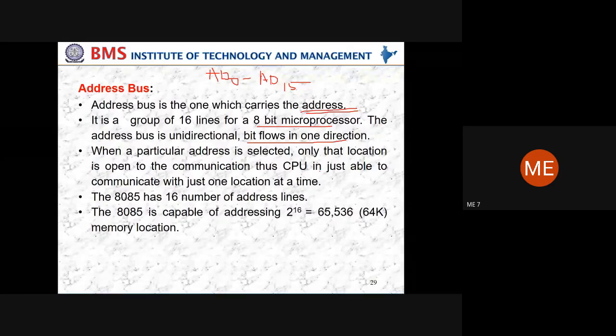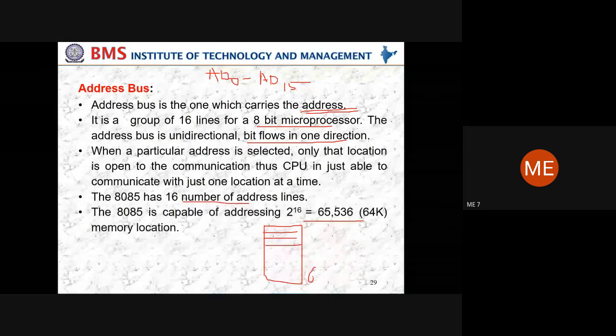Now if I come back to this: as I said, there are 16 address lines. Therefore the total number of locations you can reach is 65,536, that is 64K locations. So you have locations from the first one, 1, 2, 3, 4, up to 64K at the last.